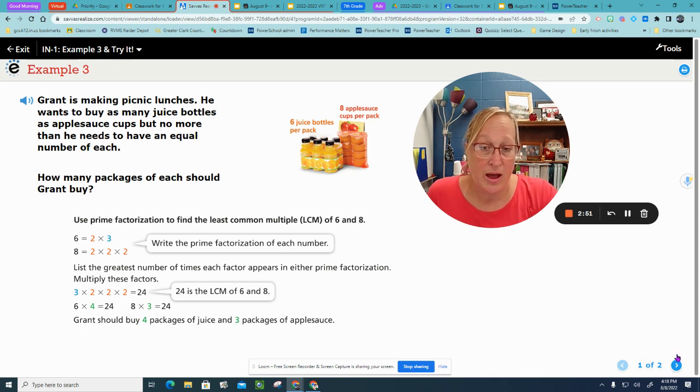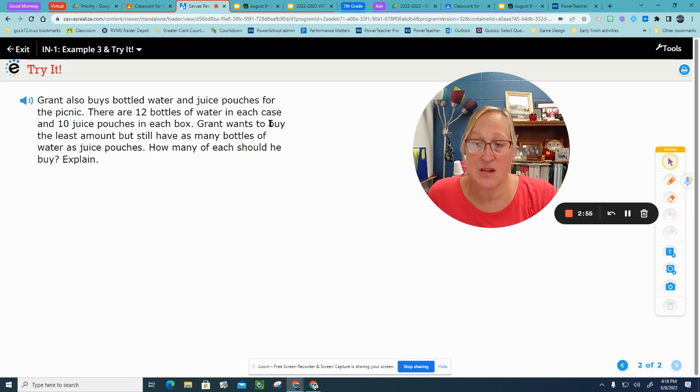Your screen will have this down here, so you should press that little button, because now we have to practice. Grant also buys bottled water and juice pouches for the picnic. There are 12 bottles of water and 10 juice pouches in each box. Of course, they're not the same, so I have to make sure that I have an equal amount of each thing. But he doesn't want to buy extra.